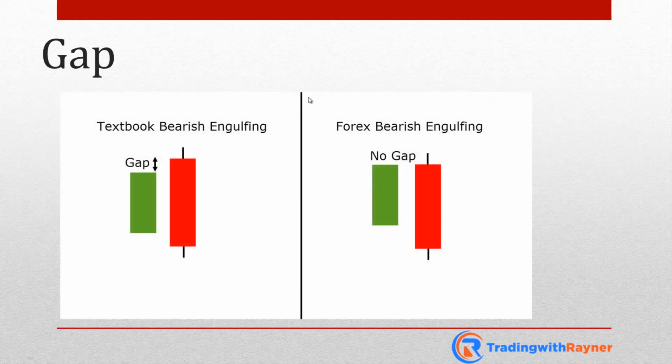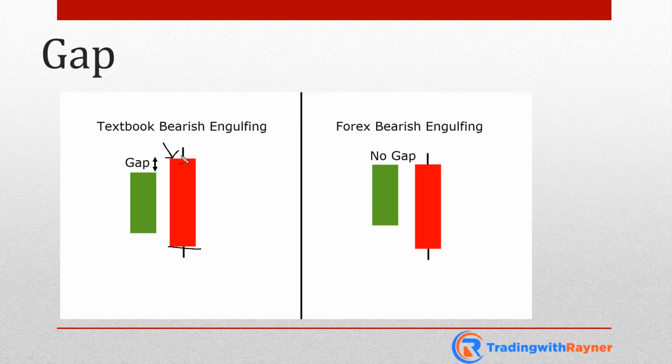So if you're trading markets like the Forex market, which is open 24/5, you have to take that into consideration. For example, a textbook bearish engulfing looks something like this, where the market gaps open above the previous candle and then closes lower, covering the entire body of the previous candle. But as I've said, in the Forex market you hardly have gaps because it's open almost 24 hours a day.